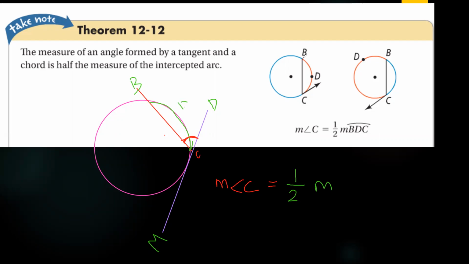I will explain the theorem. So the measure of the angle C here is half the measure of this arc here.